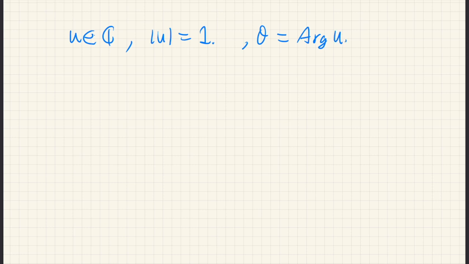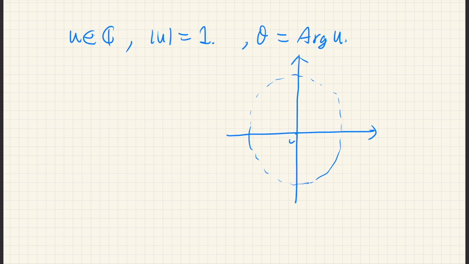So that means if we plot this on the complex plane, this u resides on the unit circle centered at the origin. Unit circle means a circle of radius of 1. Okay. So u could be anywhere on this circle. Let's say u is somewhere here. Then the principal argument is theta.